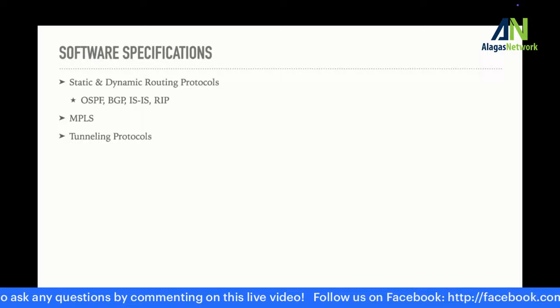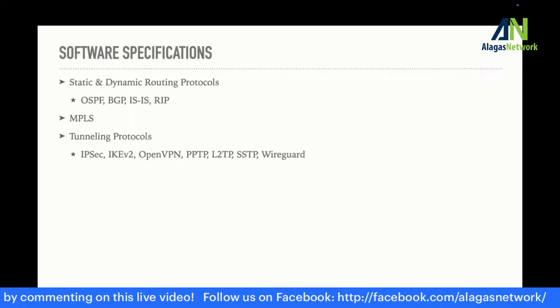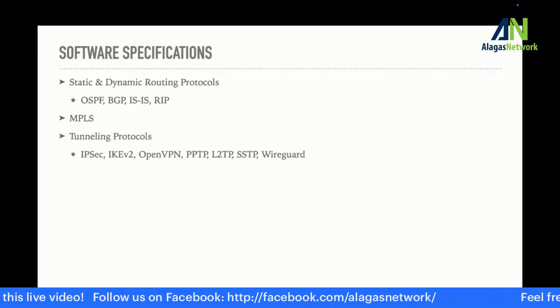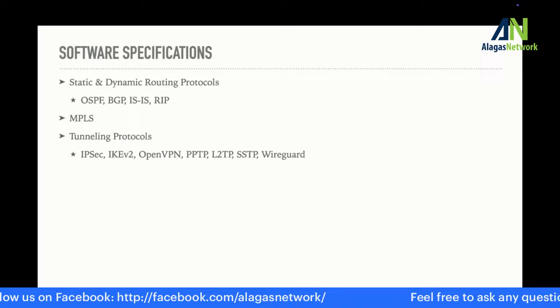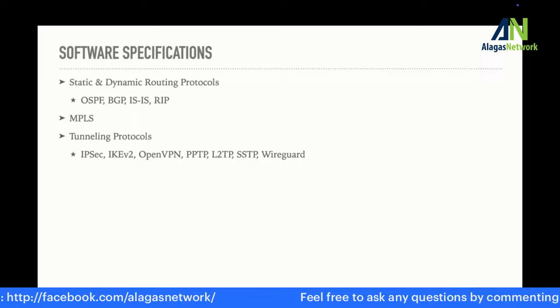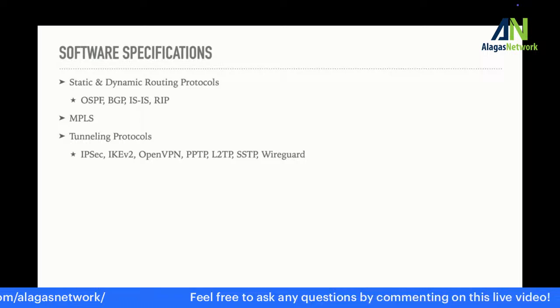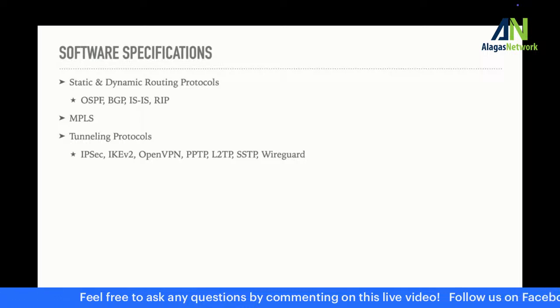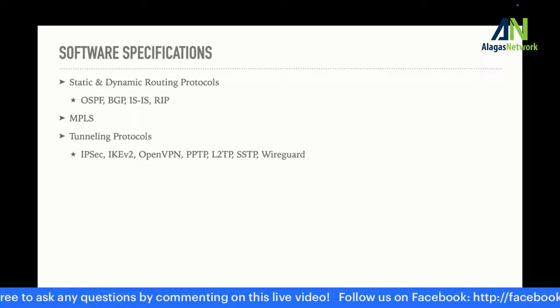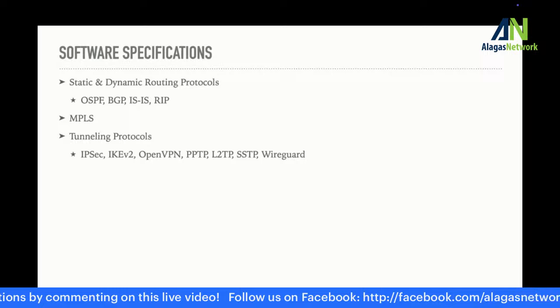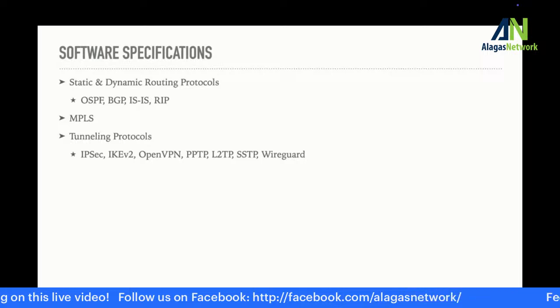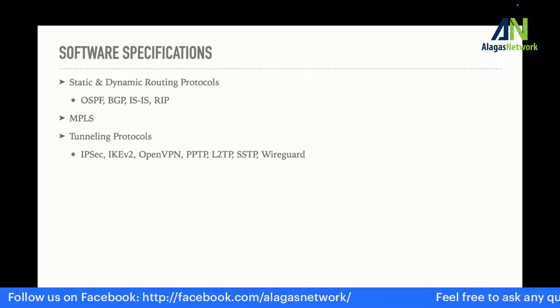Okay, so for VPN, MikroTik supports a few standards: IPsec, IKEv2, OpenVPN, PPTP, L2TP, SSTP, and WireGuard. All these are open standards, so there's no proprietary code inside. What does it mean?